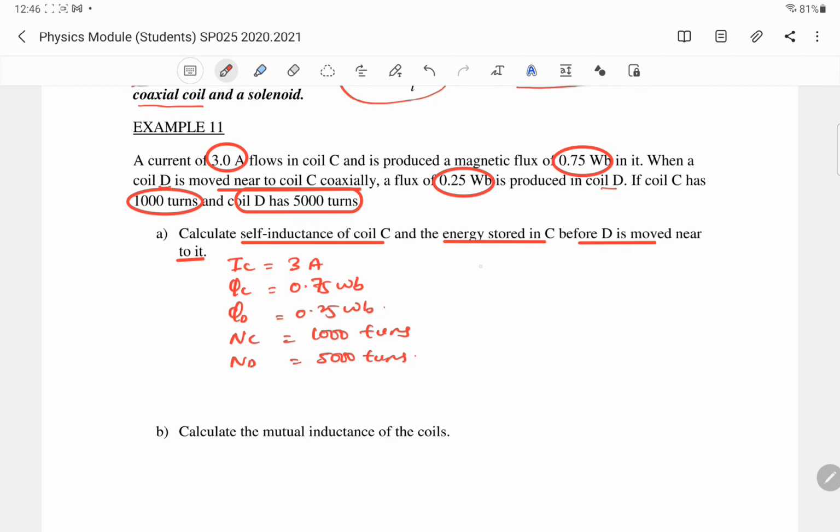So L of coil C equals N coil times flux coil over I coil.